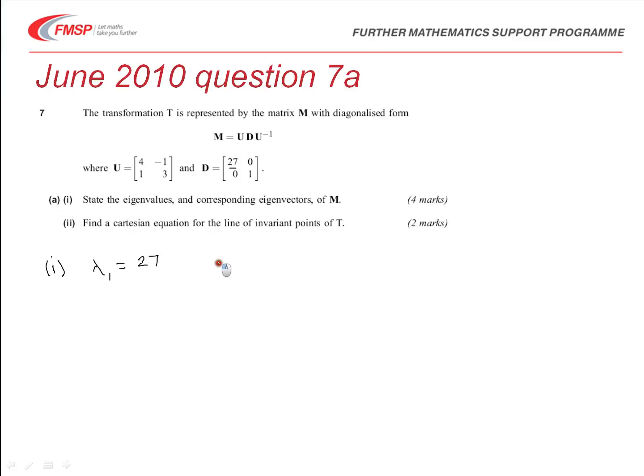The eigenvector associated with lambda 1 will be the first column of the matrix U, which will just be (4, -1). Similarly, the second eigenvalue is 1, and the eigenvector associated with that is the second column, which will be (-1, 3).